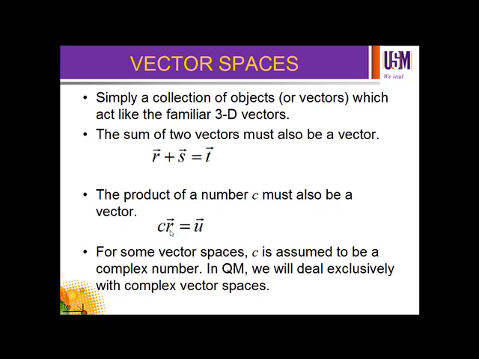For example, if you have a vector r multiplied by a number c, and c can be a complex number, you get another vector u. For some vector spaces, c is assumed to be a complex number. In quantum mechanics, we will deal exclusively with complex vector spaces. Complex here means containing complex numbers.